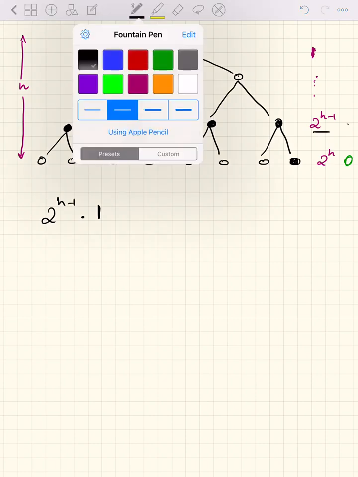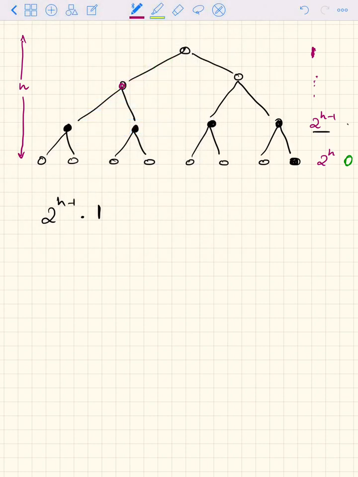Now, in the same vein, if you consider these guys, then I have 2 to the power h minus 2 of these, and these can be pushed once, and twice, right? So for each of these, we'll have 2 possible pushes down. And so if you generalize this summation, remember that we had a previous term of 2 to the power h times 0, plus this, all the way until the top, where we have a single key that can be pushed h times.